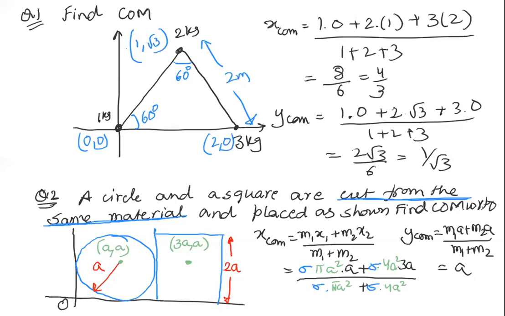What will cancel out? Sigma should cancel out, as it should. A squared will cancel out, and I will be left with simply a times (5 plus 12) divided by (5 plus 4).